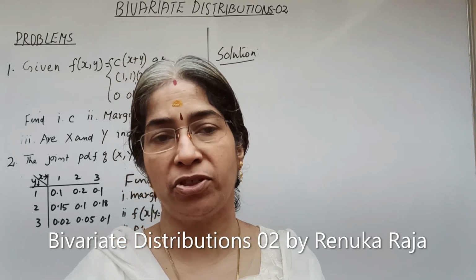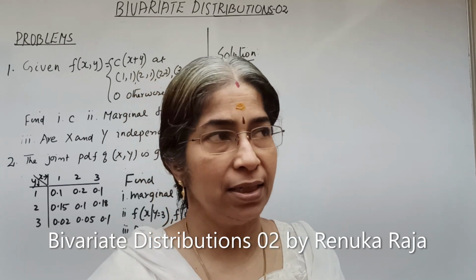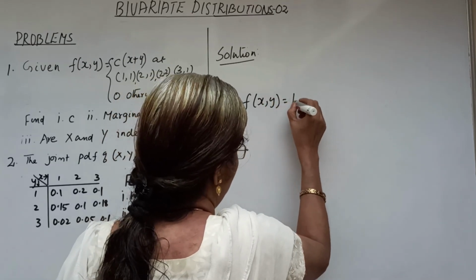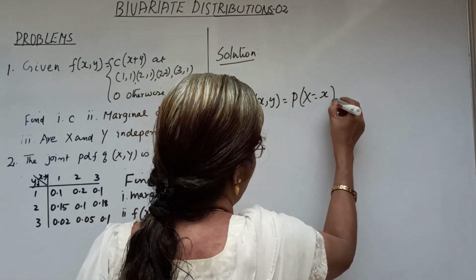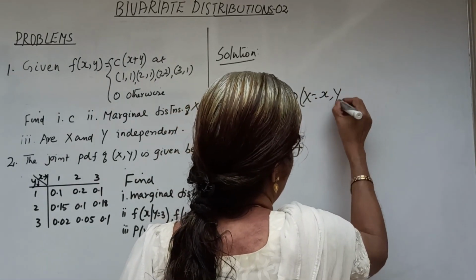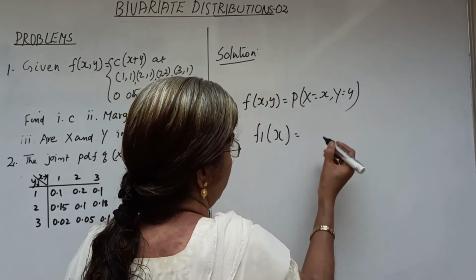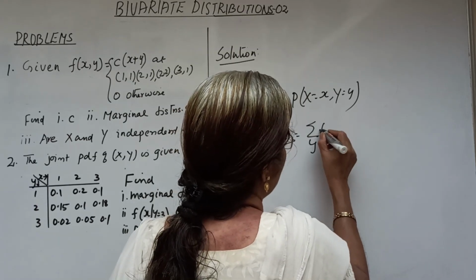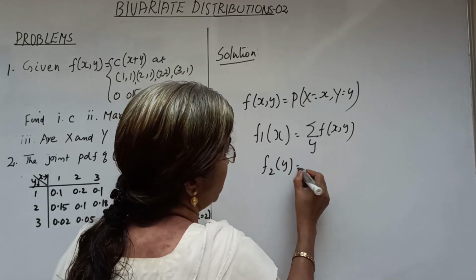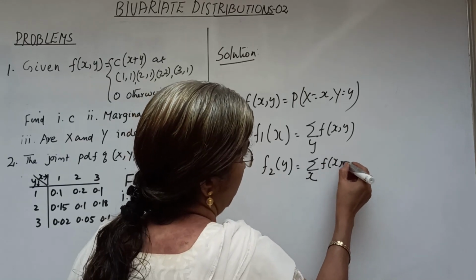The marginal distributions are given by f1x and f2y respectively. f1x, the marginal distribution of x, is given by sigma over y, f of xy, and f2y, the marginal distribution of y, is given by sigma over x, f of xy.